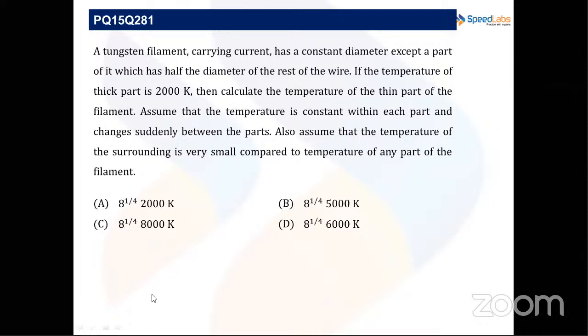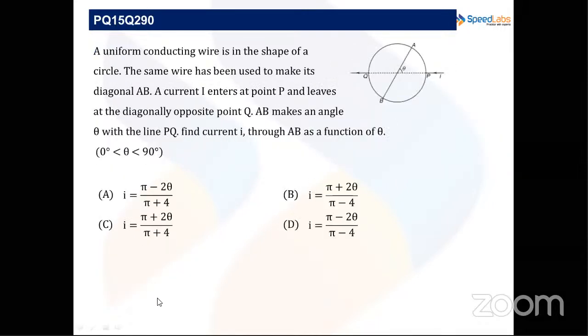Just a second. Next question is this. A uniform conducting wire is in the shape of a circle. The same wire has been used to make its diagonal AB. Basically it says the same wire has been used, which means the wire's cross section area is the same.